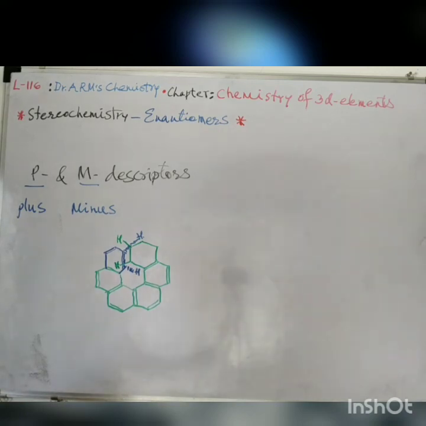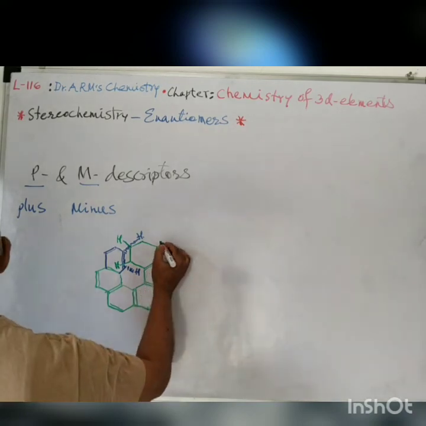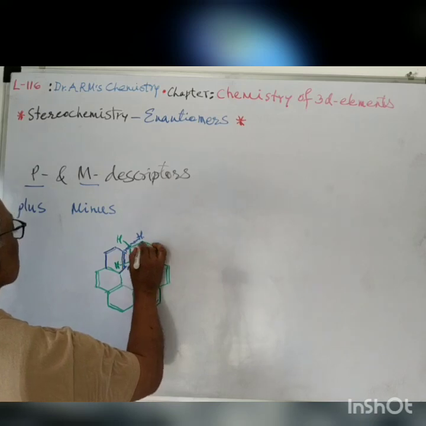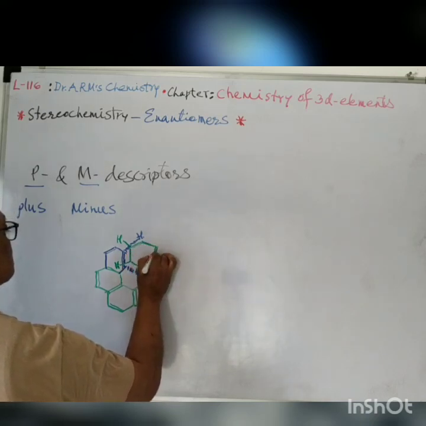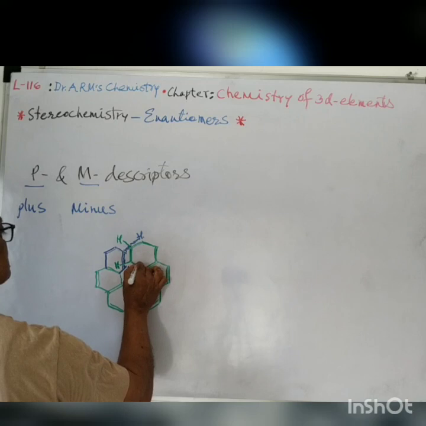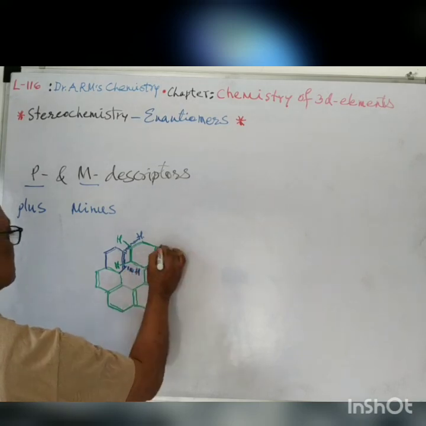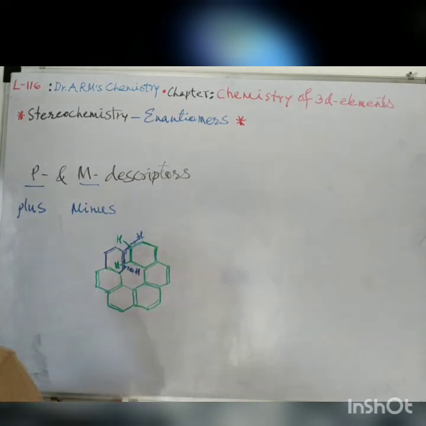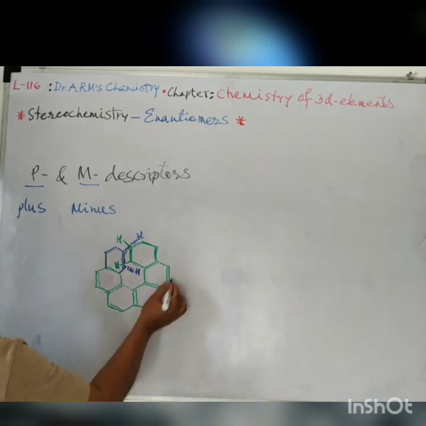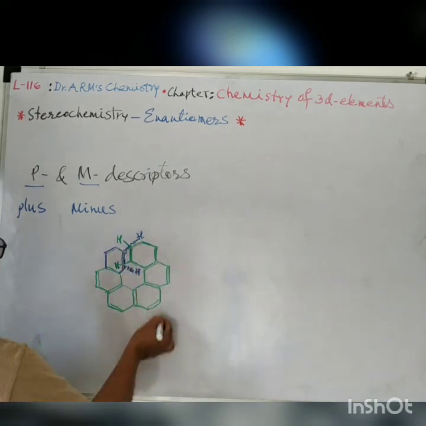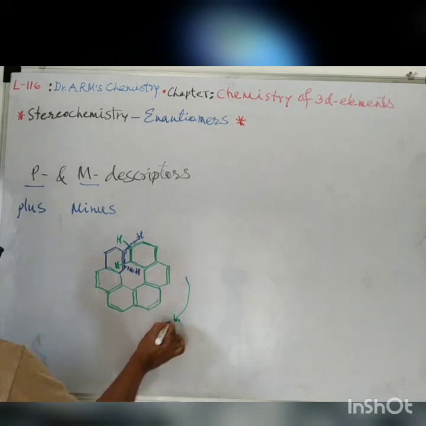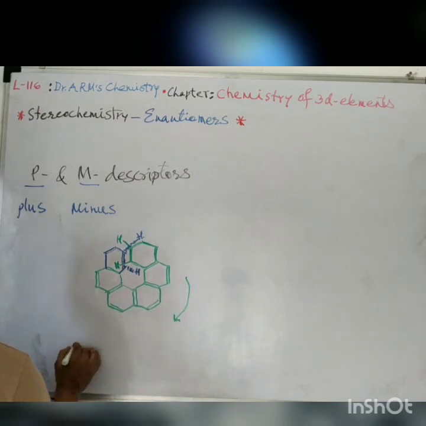In this structure we have to begin from here. So this is plus or right-handedness, and therefore it is called a P symbol, prefix P.